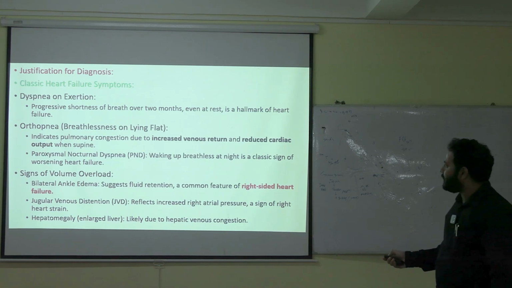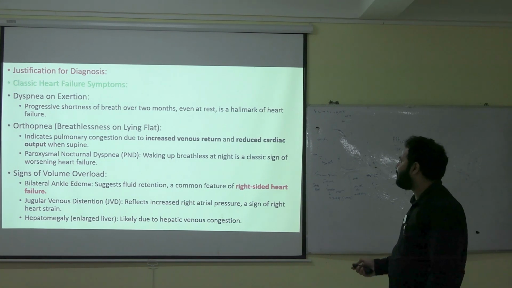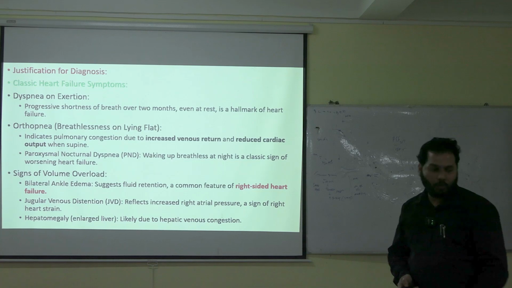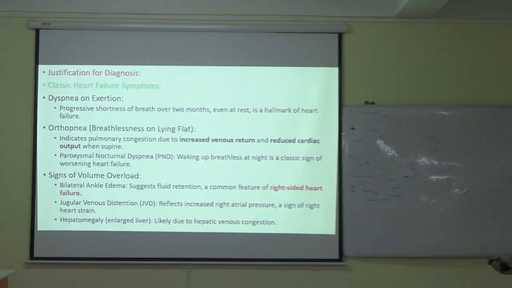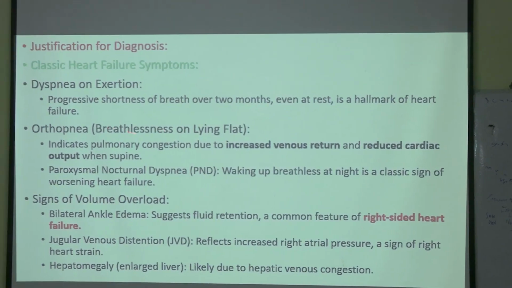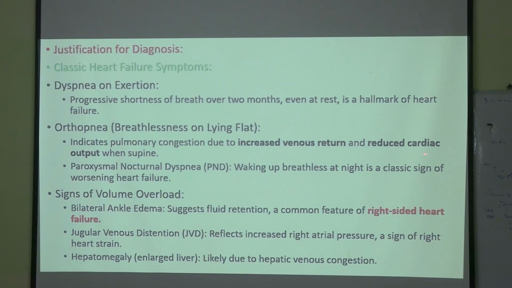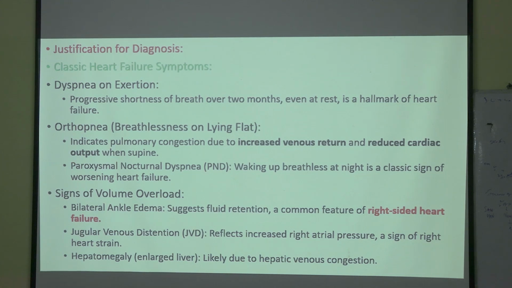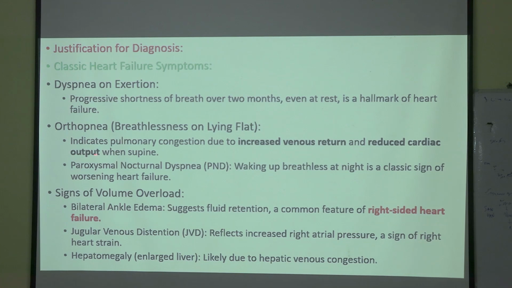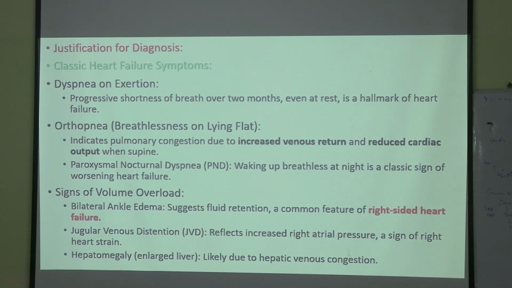See, there is breathlessness on lying flat, so in supine conditions there is breathlessness. Why is there breathlessness? Maybe due to reduced cardiac output. Clear? If there is a reduced value of cardiac output, this also acts as a marker of heart failure development, right? Another important one is nocturnal dyspnea.